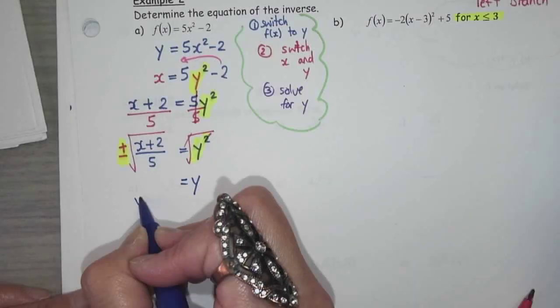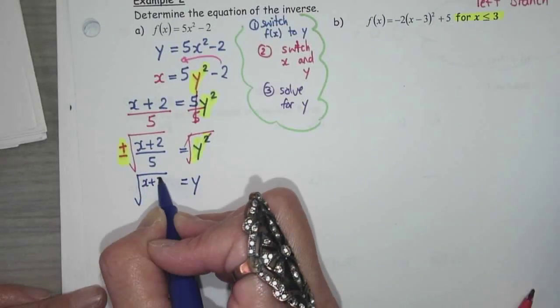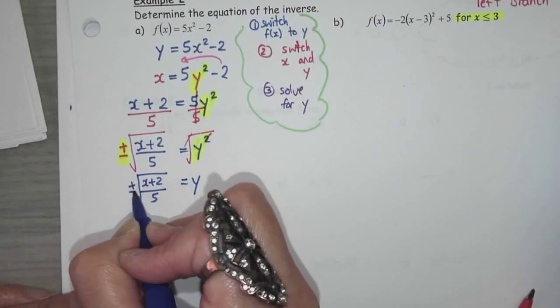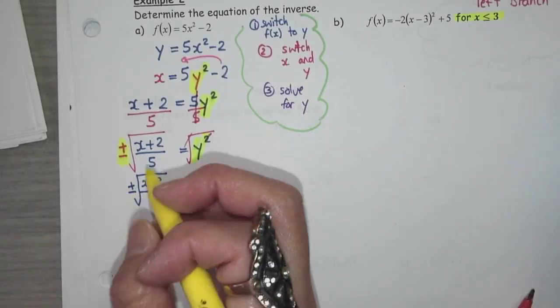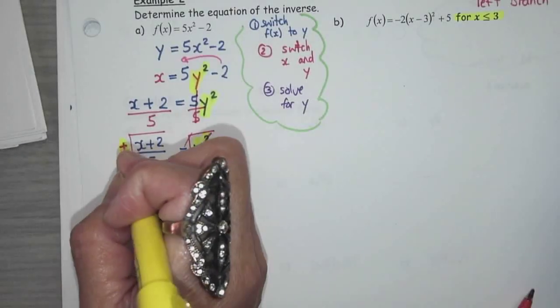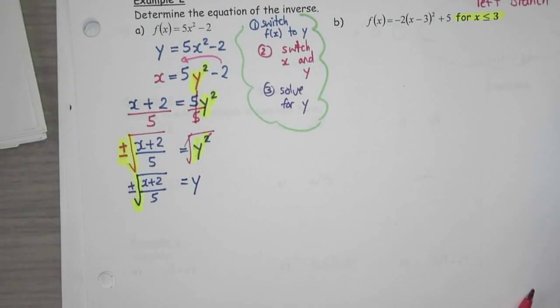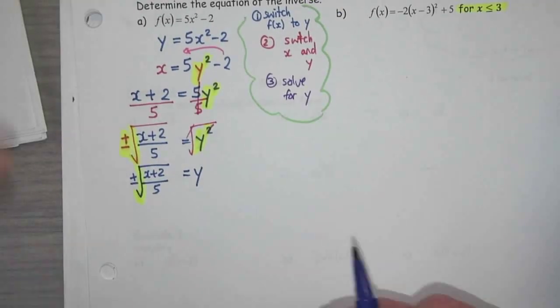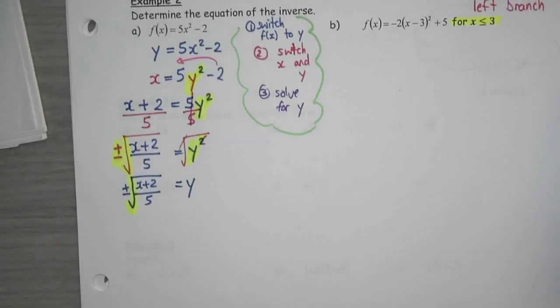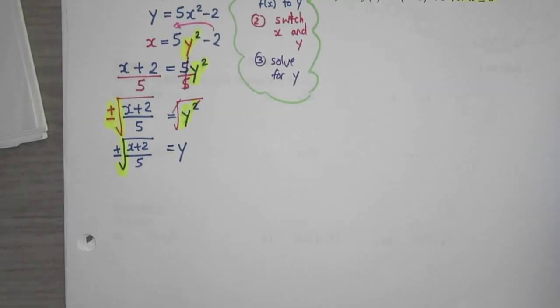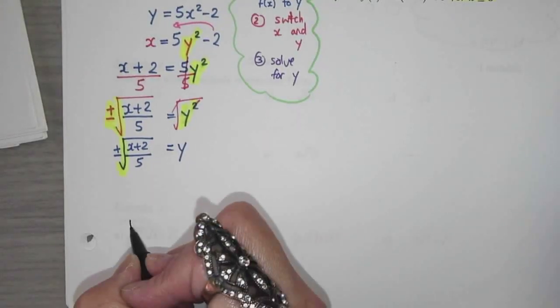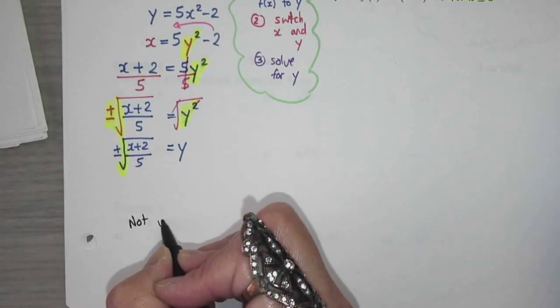And this here has to go from the bottom to the top. It's the whole thing. Some people do this really messy, so I'm going to write this down. So I'm going to say not this.